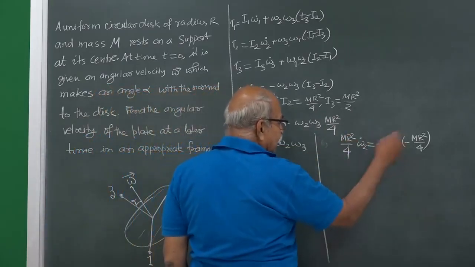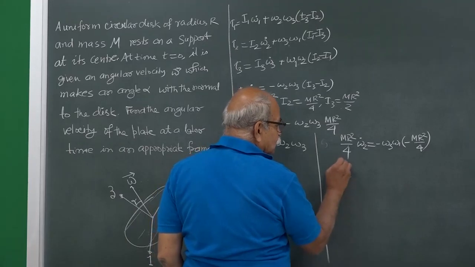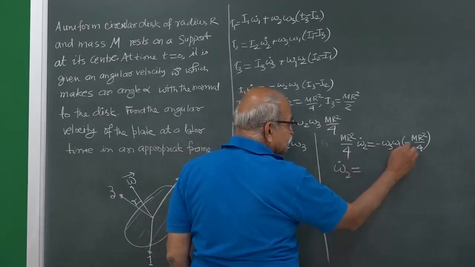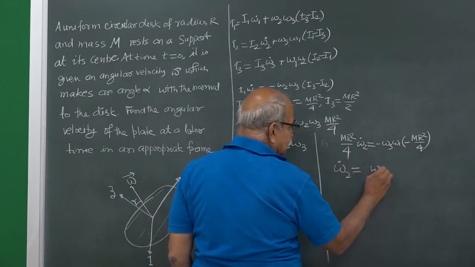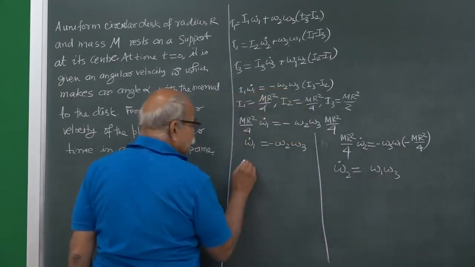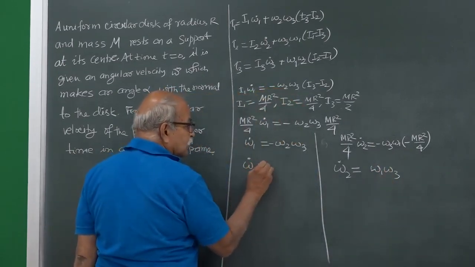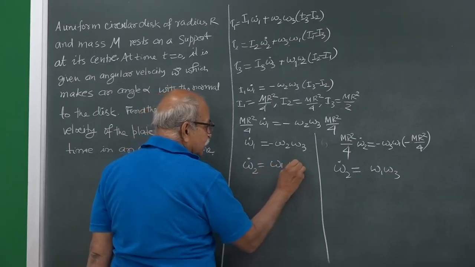Therefore, if you cancel, omega 2 dot becomes plus omega 1 and omega 3. So, omega 2 dot is equal to omega 1 omega 3.